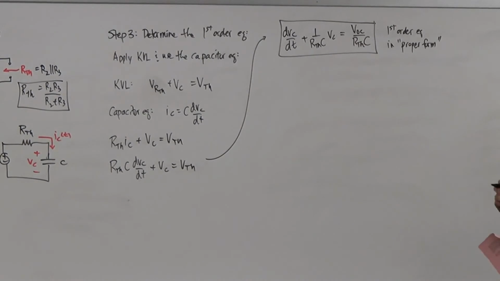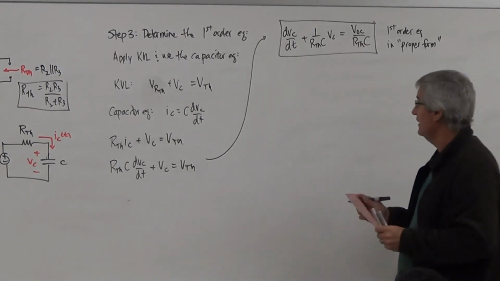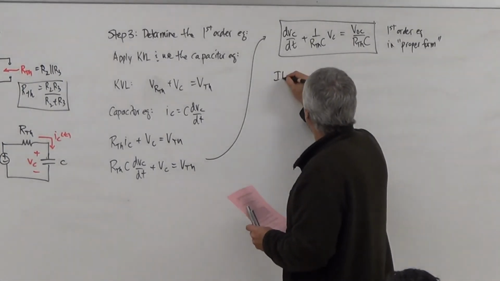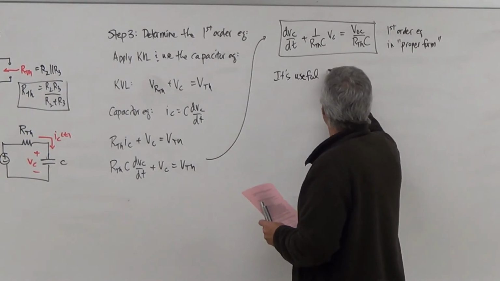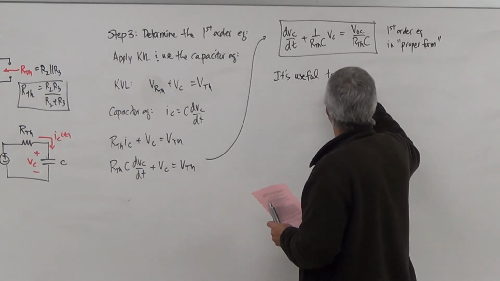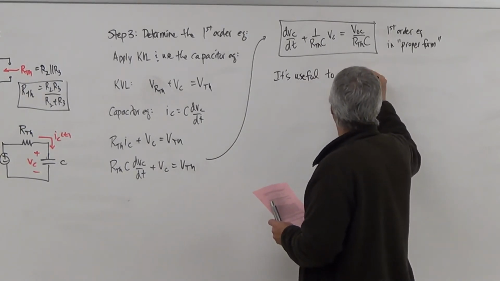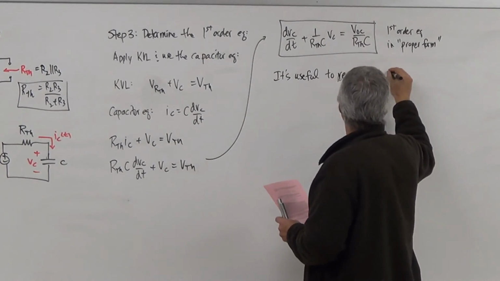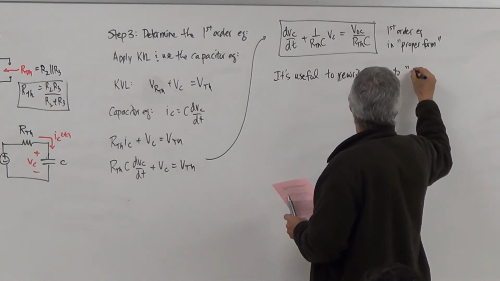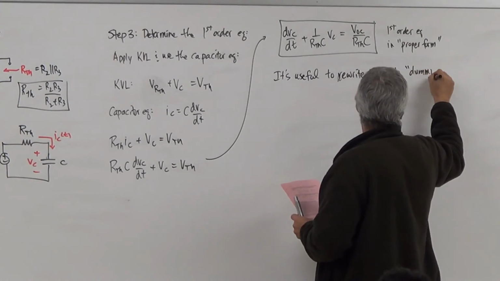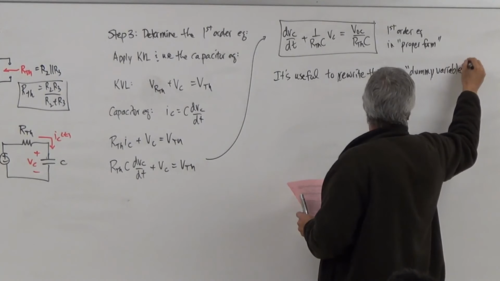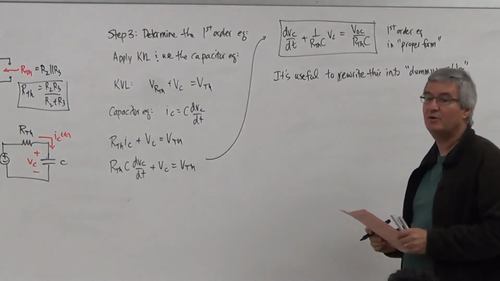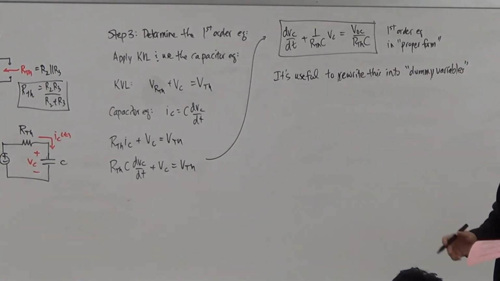So when I do this, what we find is that it's useful to rewrite this into dummy variables. The dummy variable that's typically used is x.